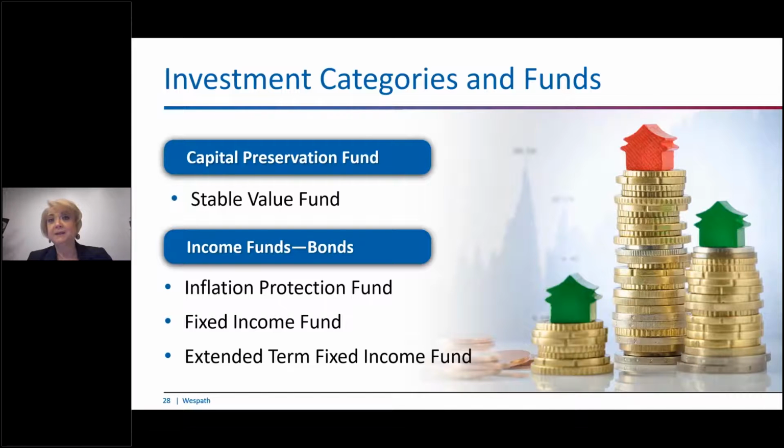That's basically what bonds are, a debt security. The three funds listed here range from conservative to moderate to aggressive. The reason the extended term fixed income fund is considered more aggressive, even though bonds are a little bit more stable, is that extended term goes for a longer period of time, hence the potential volatility of the fund.